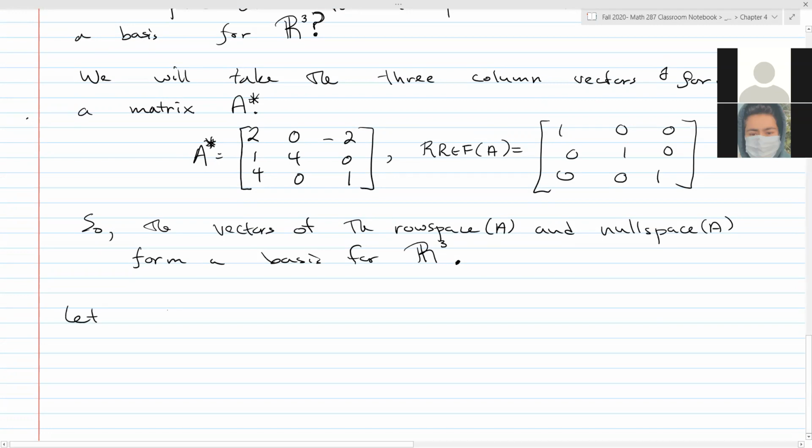So we have a theorem. Let A be an M by N matrix, M rows, N columns.